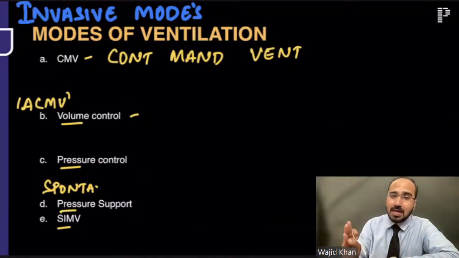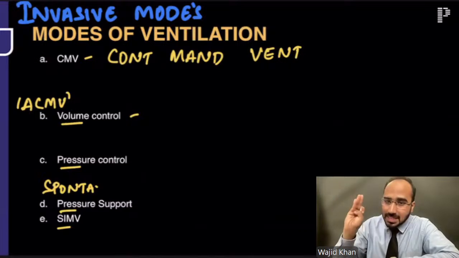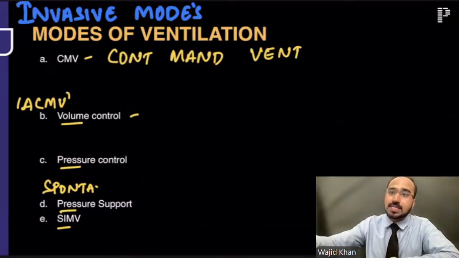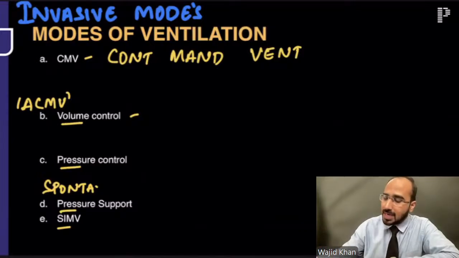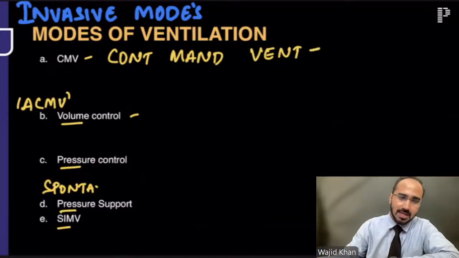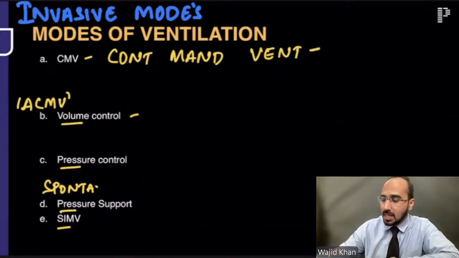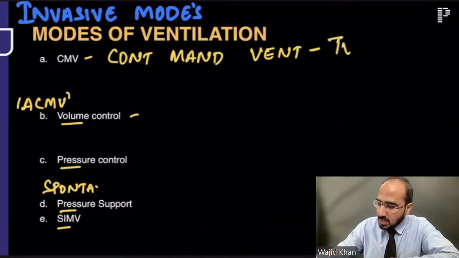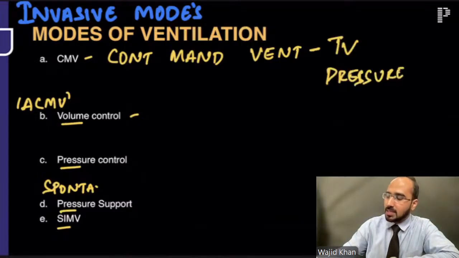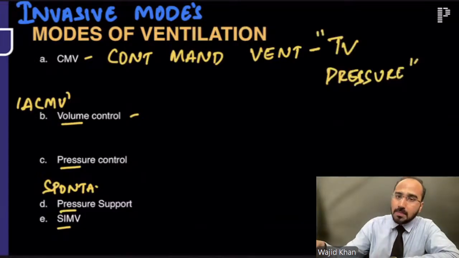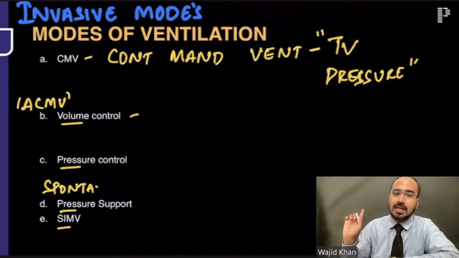So remember, if the ventilator is generating a tidal volume and it is controlling the pressure, then it is continuous mandatory ventilation. Remember, guys, if the ventilator is controlling both components, tidal volume as well as pressure, then it is called continuous mandatory ventilation.